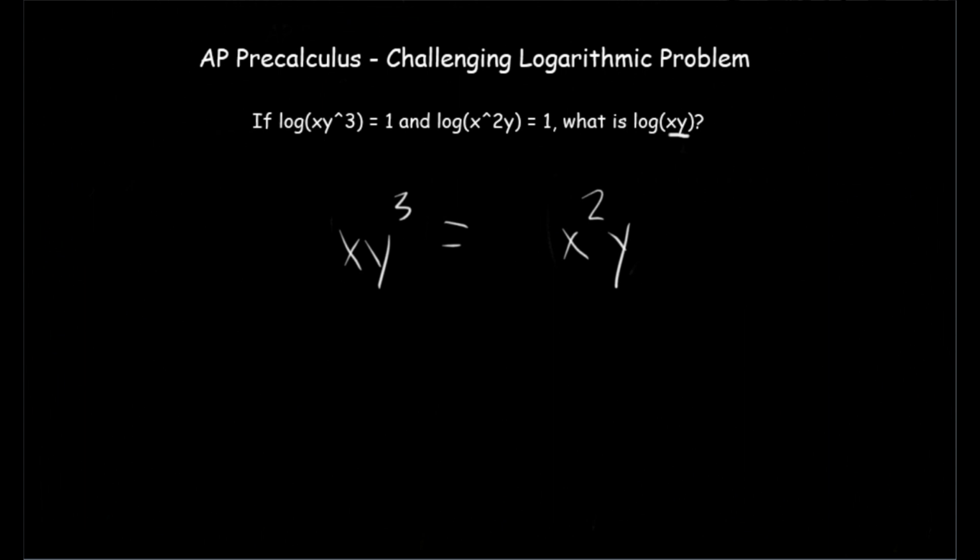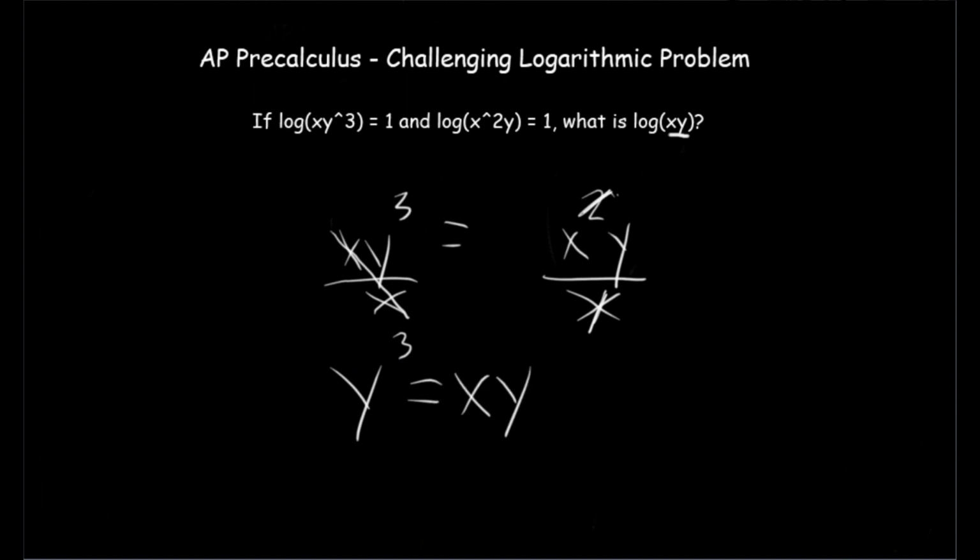And then what you're going to find is that you're going to want to divide both sides by x. And what that does is cancel out x on this side. And because we have an x squared here and an x here, it cancels out the x squared, but we still have 1x on the numerator, and cancels out the x here. So now you're left with y cubed equals x times y.